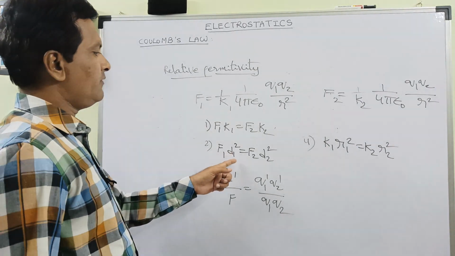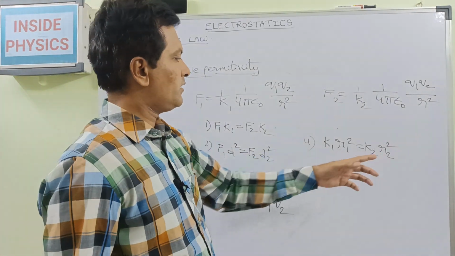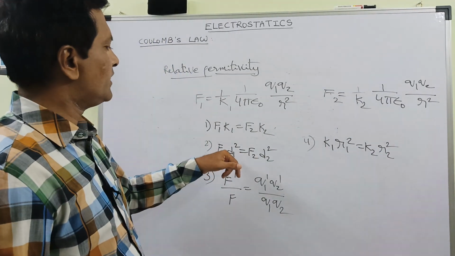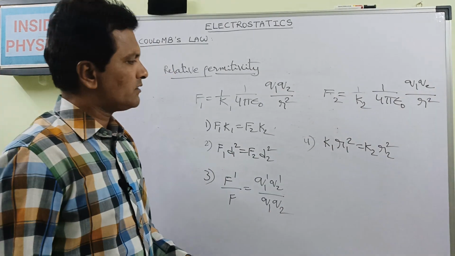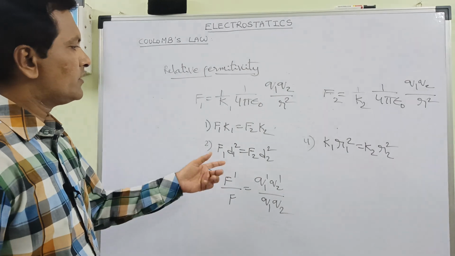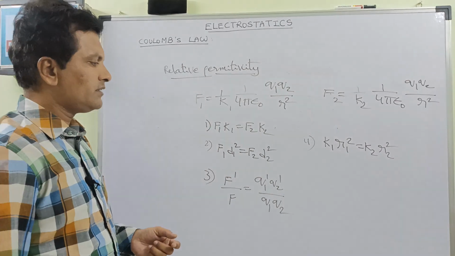See, here D1 D2 or R1 R2 both are the same. Here the distance we have taken as D1 and here we have taken as R1. So both represent the distance between the charges only.